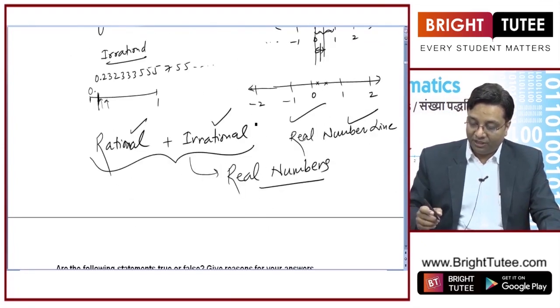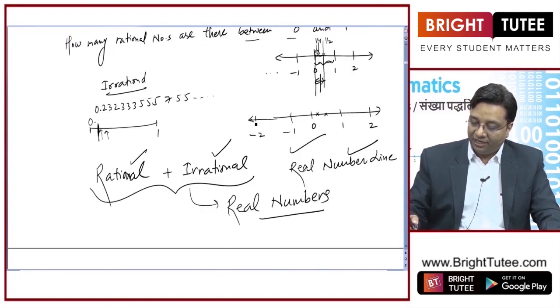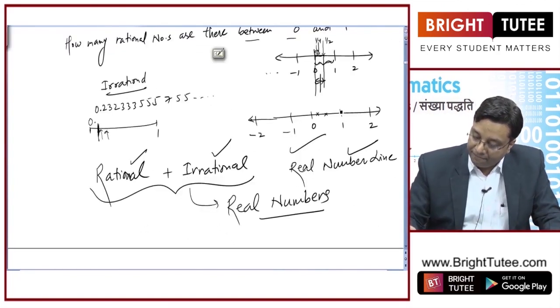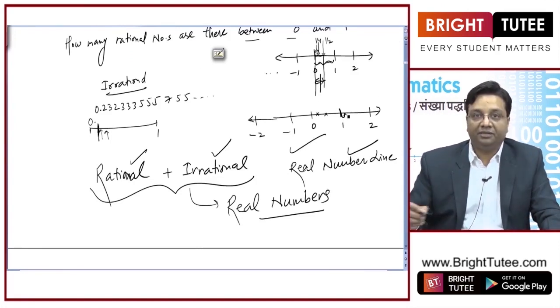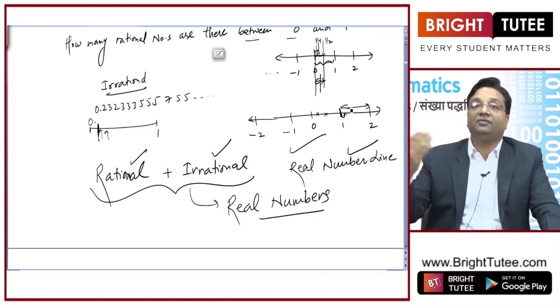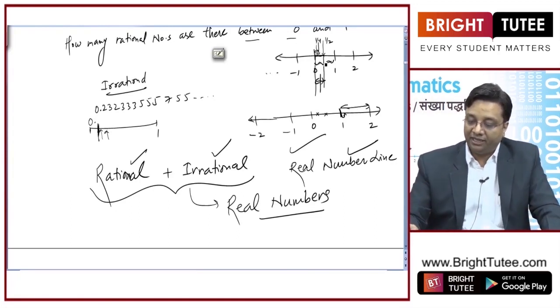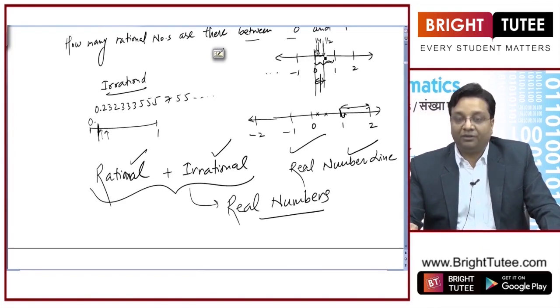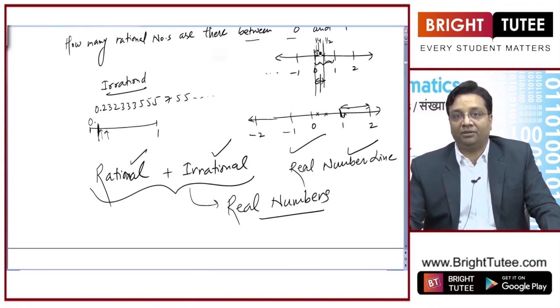Now let me ask you a question here. If I ask you, give me the number just greater than 1. So between 1 and 2 we know that there are infinite numbers. Okay, and I explained to you that between 0 and 1 by 2 again we will have infinite numbers.